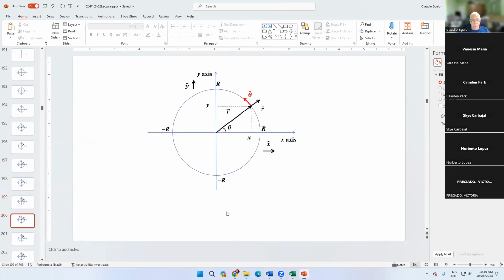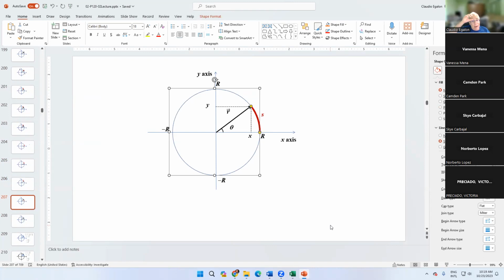Here you go. You saw that, right? You also saw this animation, and in this animation, you also saw something else. You saw here the path length S of the object in the circle.